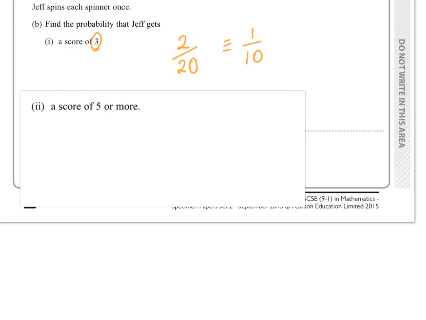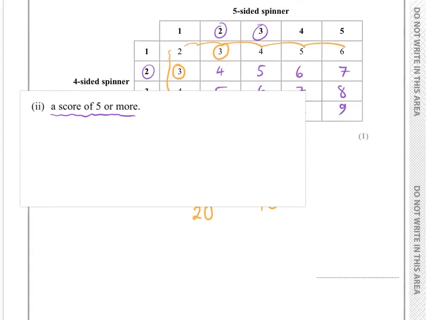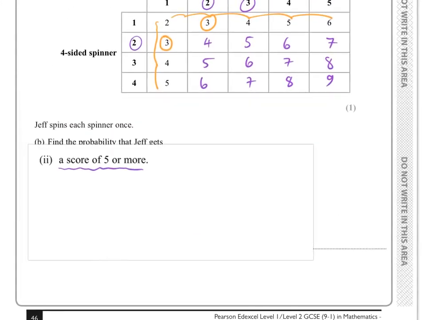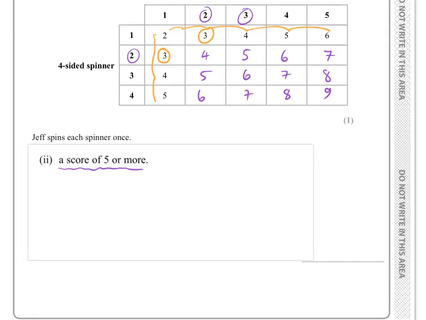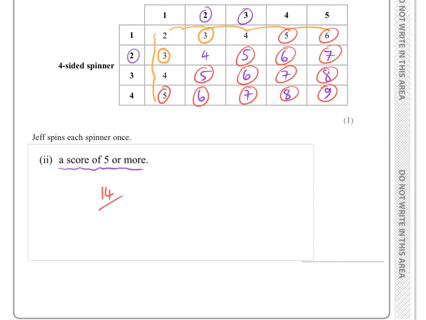The next part of the question says, work out the probability of having a score of 5 or more. So let's look at the grid. And then ones of 5 or more. So we've got 1, 2, 3, 4, 5, 6, 7, 8, 9, 10, 11, 12, 13, 14 choices here out of a possible space of 20.